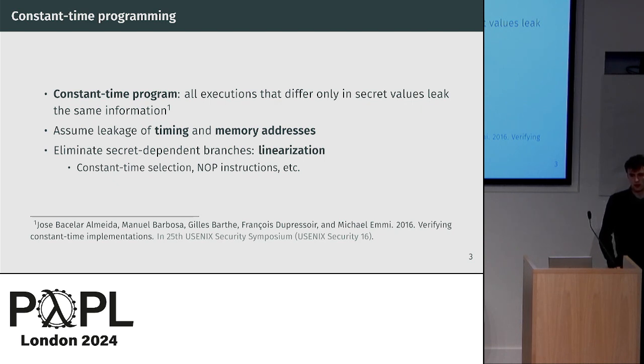We assume the common constant time leakage model, where memory addresses are leaked by load and store operations, and secret-dependent branches leak their branch condition if the execution time or other microarchitectural state is different depending on whether the branch was taken. And under this leakage model, we need to eliminate all secret-dependent branches by linearizing them.